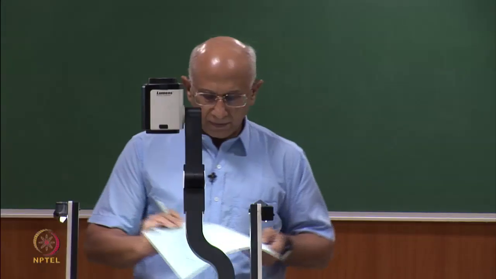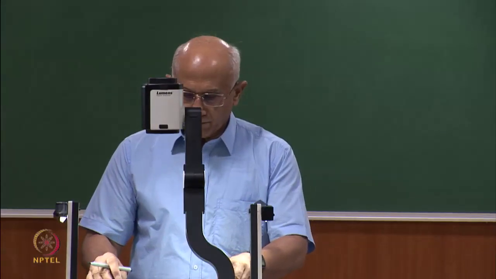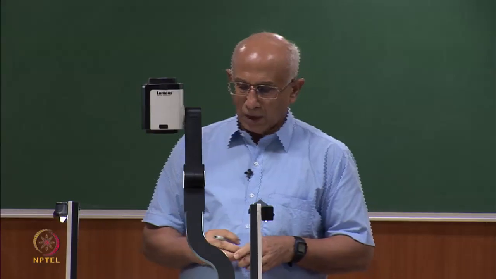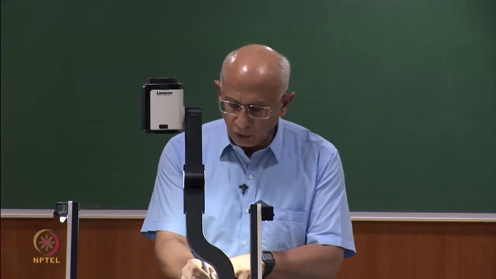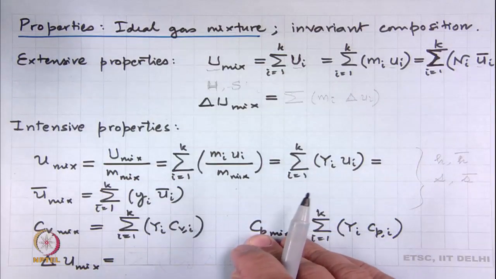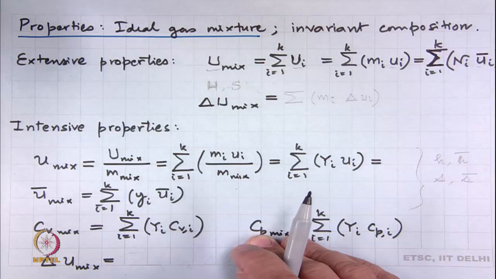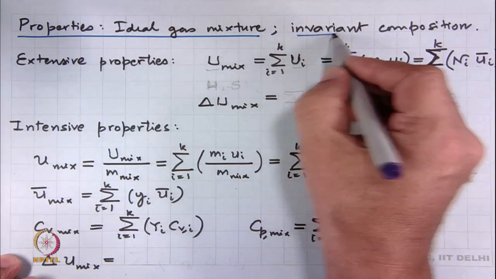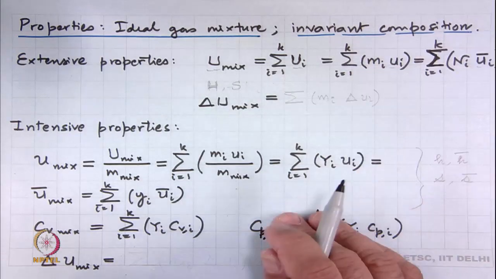So, what happens is, what we are saying is that the properties of a mixture of ideal gases, we are only looking at one particular state, and we are saying that at that particular state there is no change in its composition.